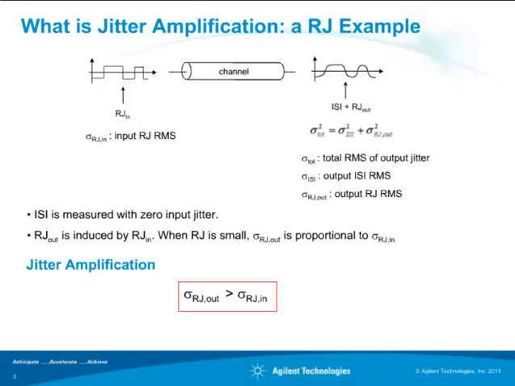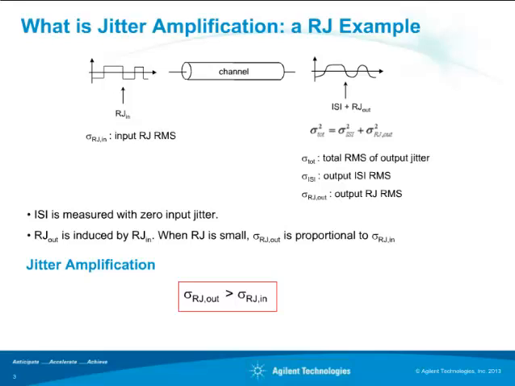And the random jitter at the output is induced by the input RJ, and when the jitter is small, the output RJ is proportional to the input RJ. And when the ratio between the RJ RMS of output and input is bigger than 1, that is when jitter amplification happens.